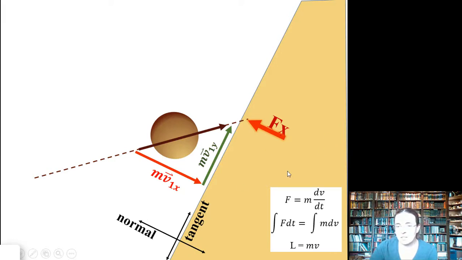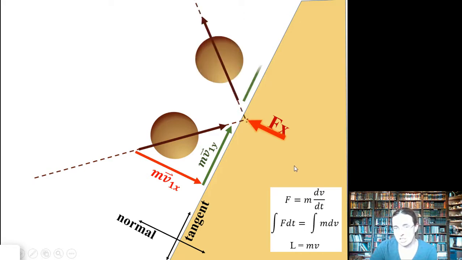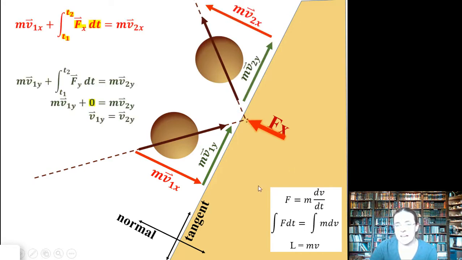So that's the piece of the velocity that's going to get changed. Again, for the tangent piece, there's no force in that direction, so that velocity does not change. In the normal direction there is a force, and so that piece of the velocity does get changed. It's very important to draw your coordinate system in the normal and tangent directions of how that collision is happening.